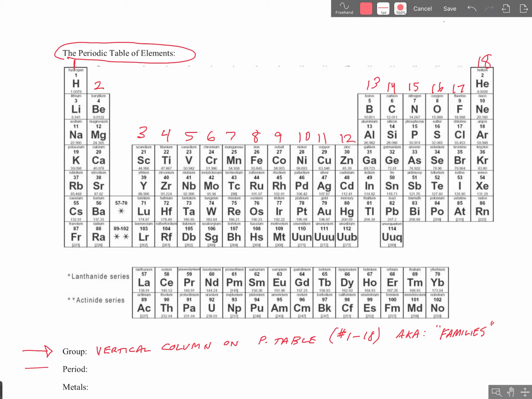Next vocabulary term, period. Periods are horizontal rows. That means they lie down, so to speak, on the periodic table, and there are 7 of them. So we're going to number them 1 through 7. The first row consists of hydrogen and helium, and we call that period number 1.